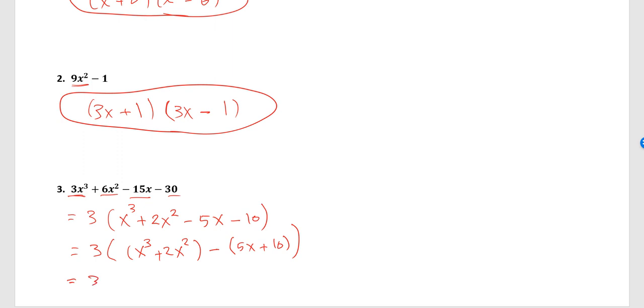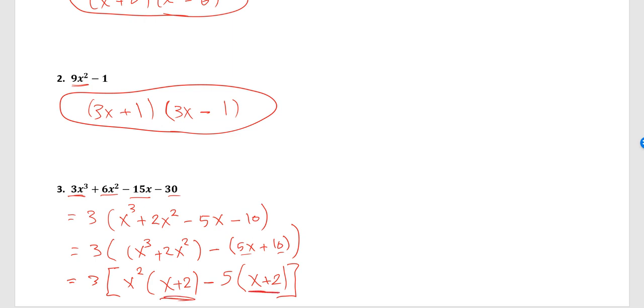So x cubed and 2x squared, we can factor out an x squared, and then we'll have x plus 2, and then minus, we can factor out a 5, right? From 5x and 10, we can take out a 5, and then we'll have x plus 2. Excellent. So now we have x plus 2 and x plus 2.